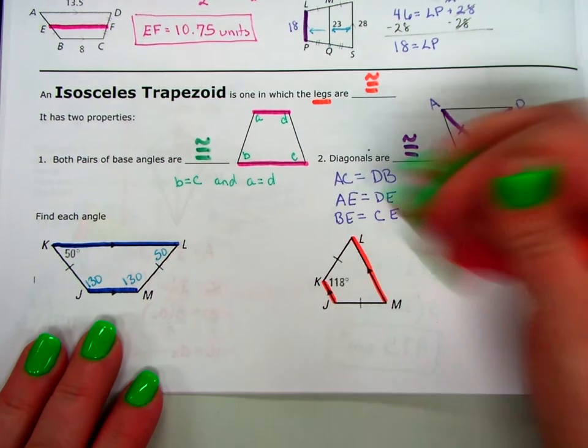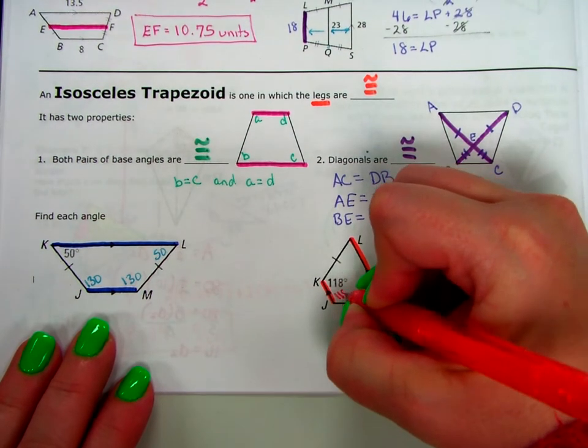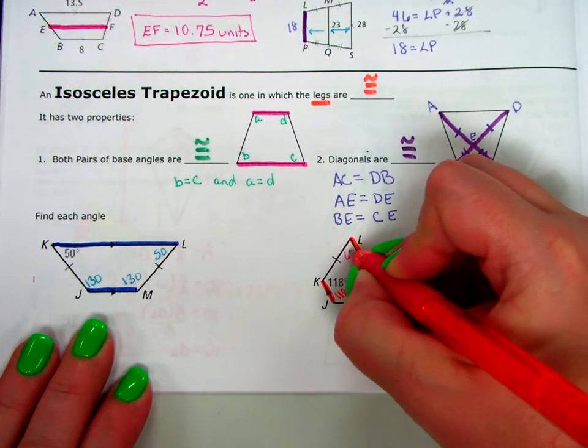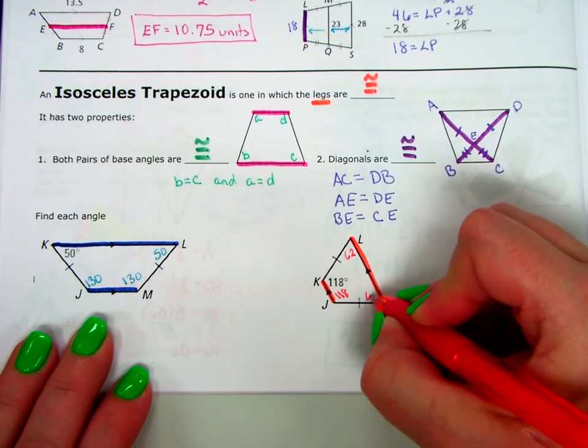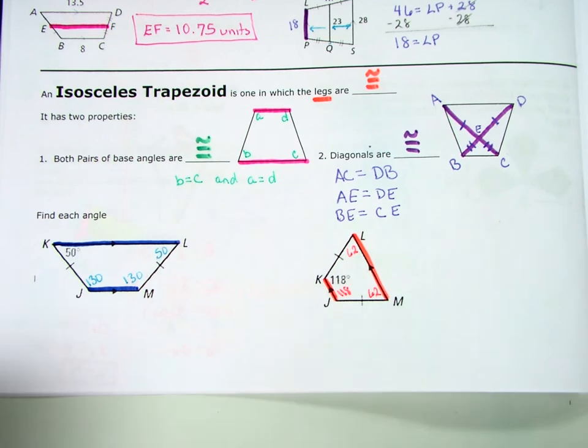J? 118. They're on the same parallel sides. K and J are the same. How big is angle L? 62. And angle M? 62. Easy peasy.